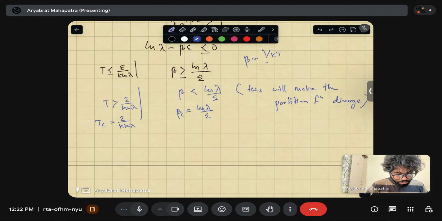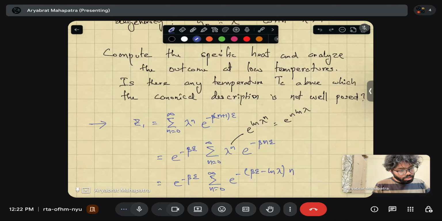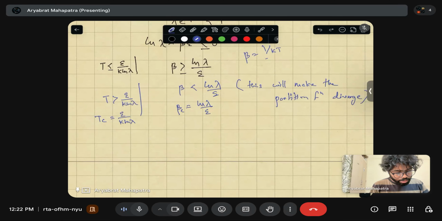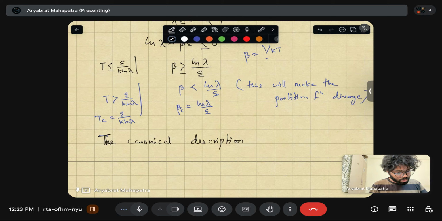So the canonical description, or the canonical ensemble, only works for T less than Tc.